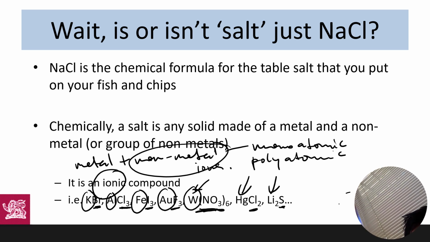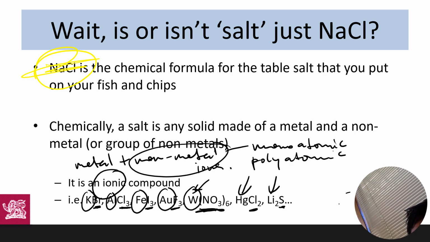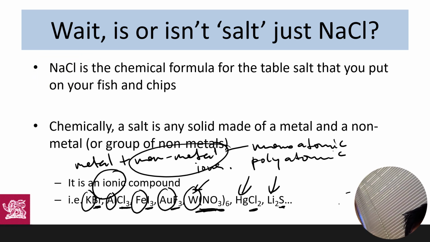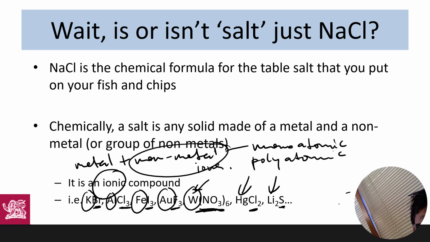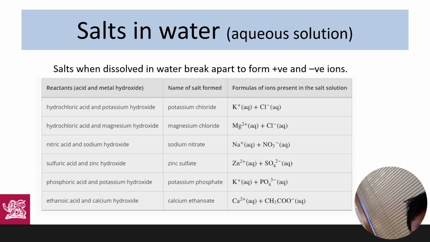And as you can see here, Dr. James has said NaCl is not the only salt, but it is the salt that we all eat, but it is a salt. One type of salt, not the only salt.